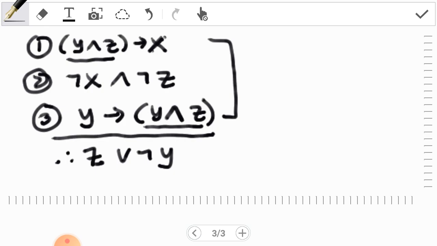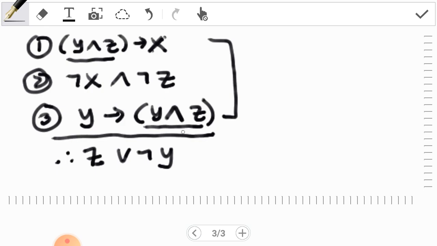So what is hypothetical syllogism? P implies Q, Q implies R, therefore P implies R. Right? So this appears in the first, this appears in the second. So how will we use that? It should be this way.